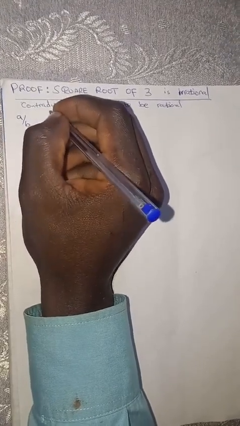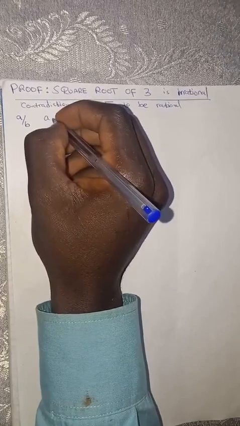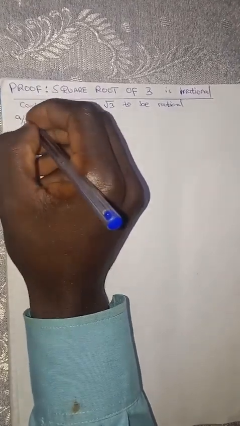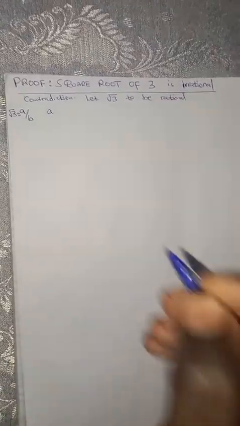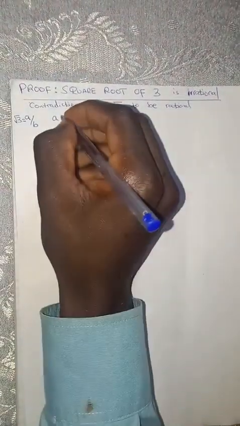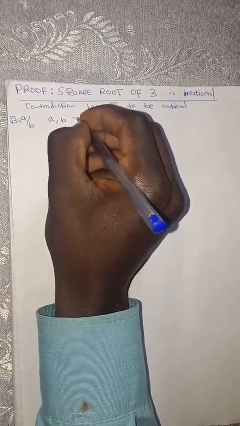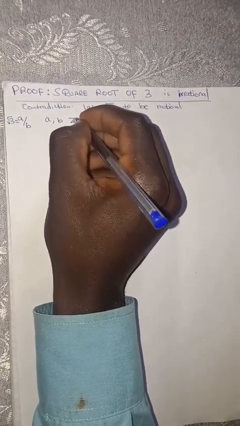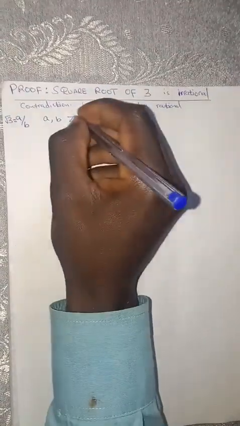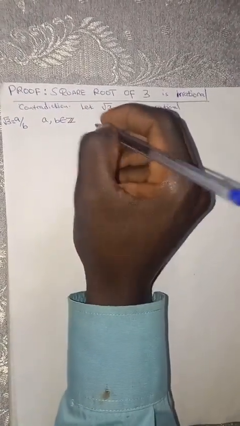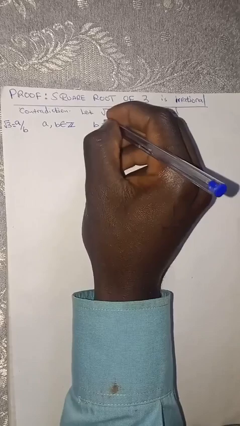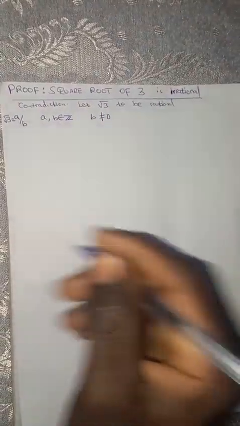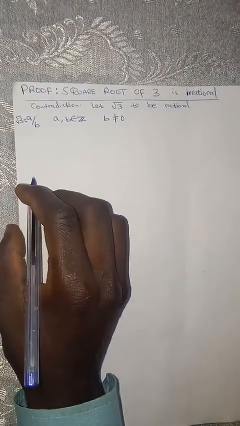That is, the square root of 3 equals a over b, where a and b are integers, members of the integers, and b is not equal to 0. That's if the square root of 3 is rational by assumption.